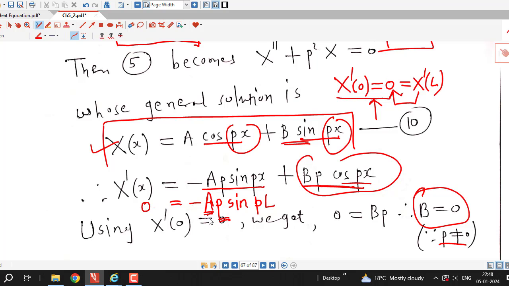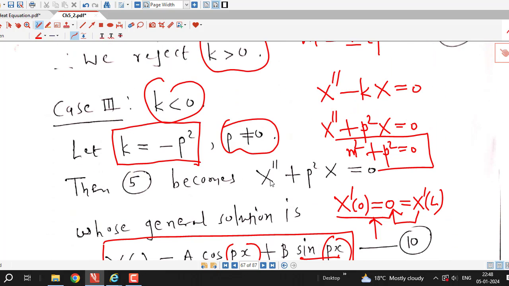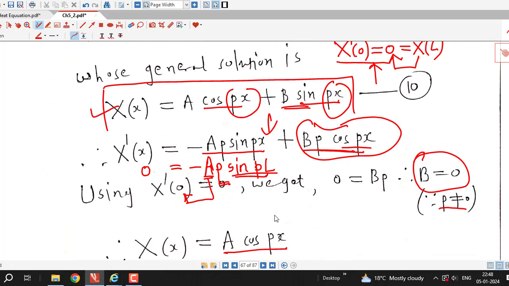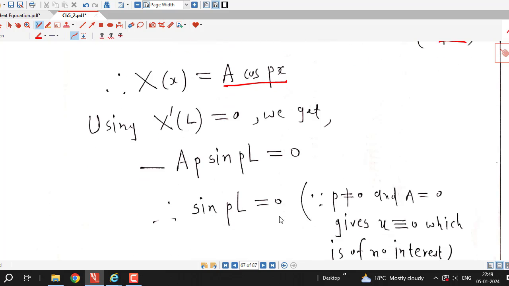So from this we have either a equal to 0 or sin pL equal to 0, but if we take a equal to 0, then b is already 0, so in that case capital X will become 0, so we will consider sin pL equal to 0, so that I have written here.